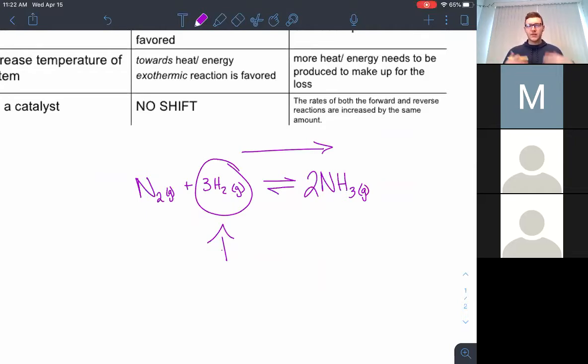Which means if I increase the amount of one reactant, what's going to happen to my other reactant here? What's going to happen to my nitrogen? Do we think that's going to also increase, or should that decrease?